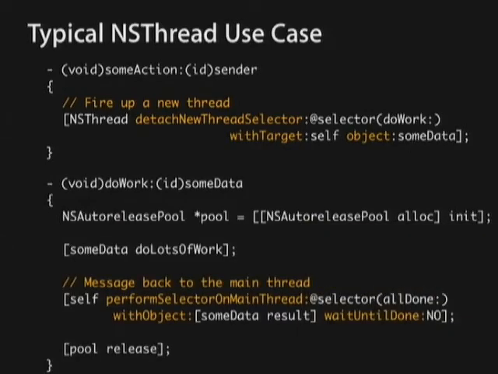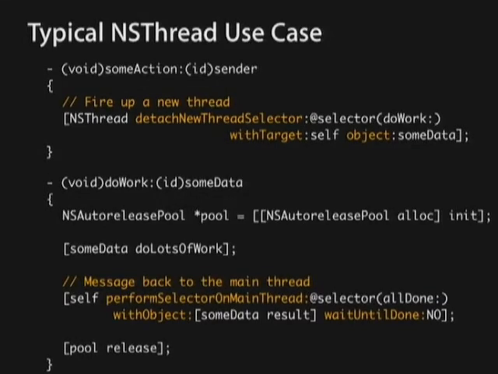The doWork method that we've implemented on self has its own autorelease pool. It does something that's fairly expensive for the system. And then when it's done, it tells the main thread it's all done, and it sends in the result. There's even an optional parameter here that says wait until done. So should this thread hold itself up, waiting to know that the main thread has completed listening to this message?